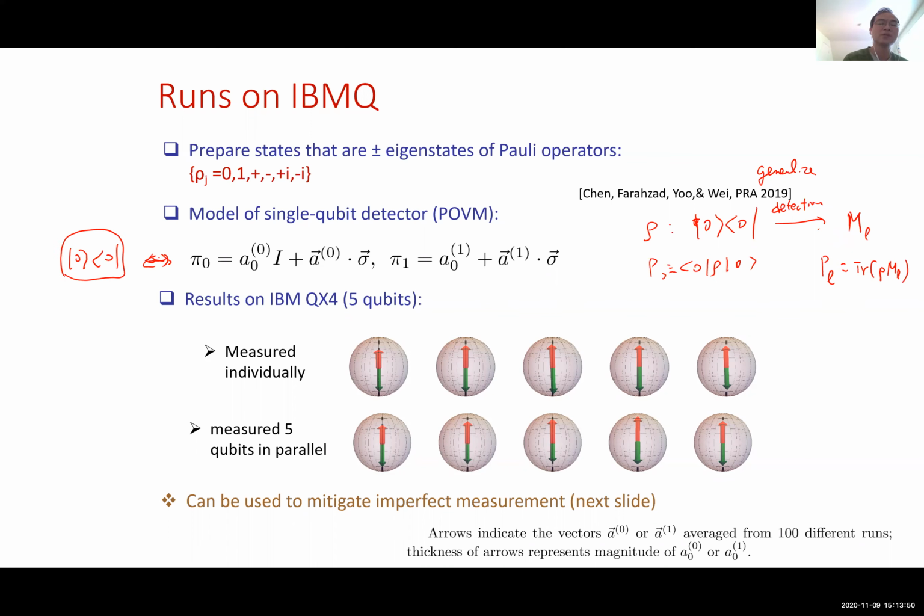The difference is the error of the detection. It's not going to be perfect. But once we characterize the function of the detection, we can actually use it to mitigate imperfect measurement.